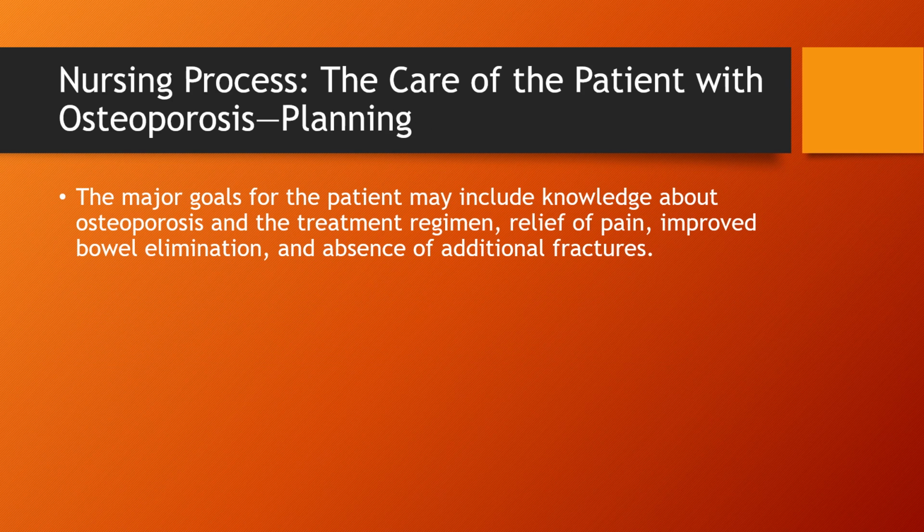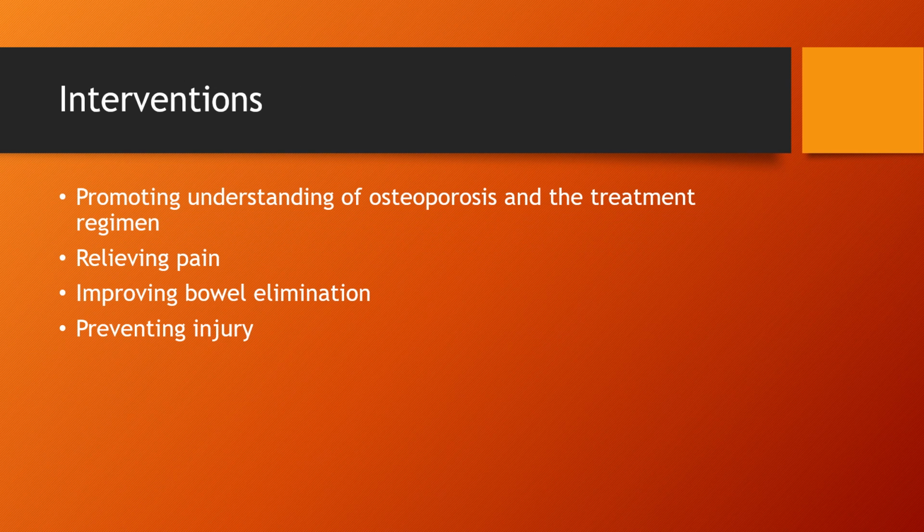And the major goals are to include knowledge about osteoporosis, its treatment, relieving any pain, improving bowel elimination, and preventing injury. That means helping them understand the condition of osteoporosis and how to treat it and what the regimen is for them, relieving their pain through medication and whatever other means, non-pharmacologic, and improving bowel elimination and preventing injury.